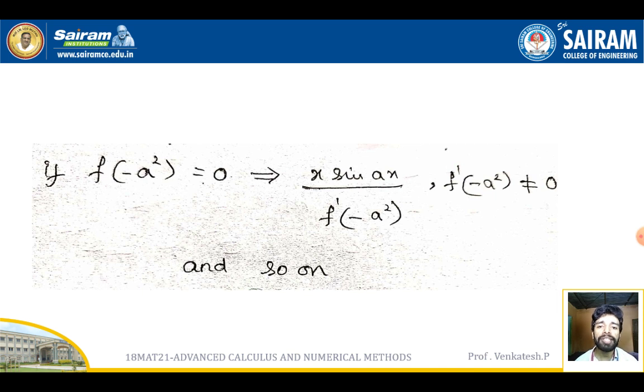Since I got 0, I multiplied the numerator by x and differentiated the denominator. Again I replaced d square terms by minus a square. Note that if d square terms are not there, we have to convert the d terms in terms of d square. The same condition applies here: f dash of minus a square should not be equal to 0. If it comes 0 again, follow the same procedure, multiplying the numerator by x and differentiating the denominator.